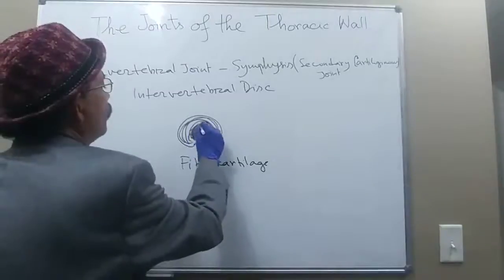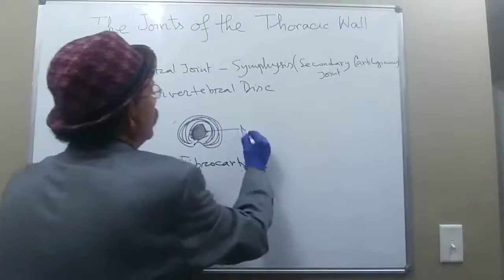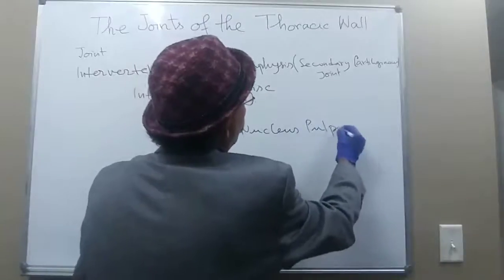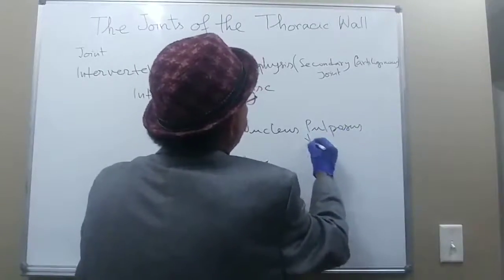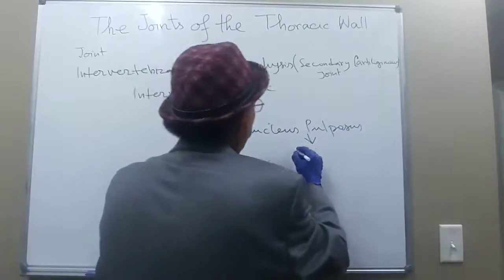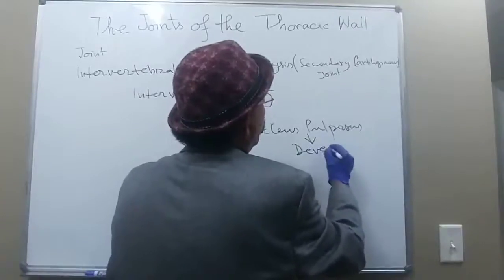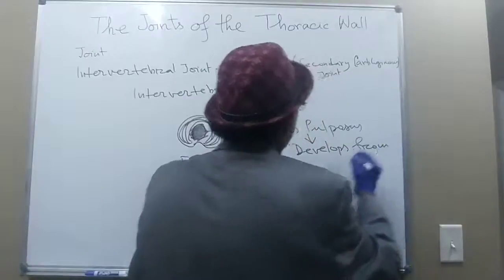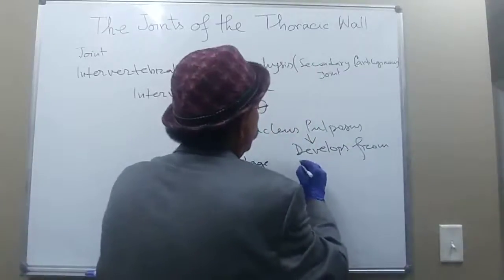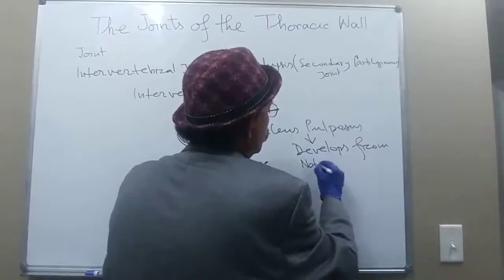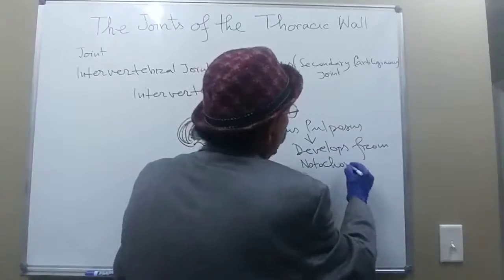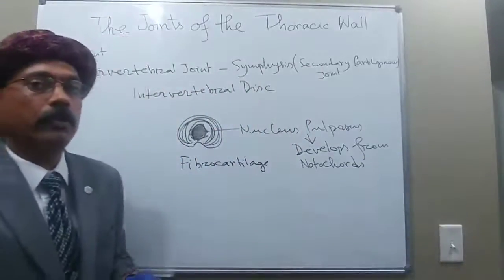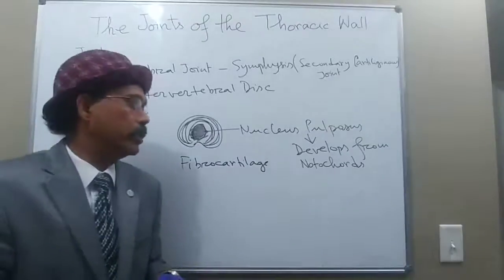The nucleus pulposus develops from the notochord, and it contains some round cells from the notochord that may disappear after the age of 20.